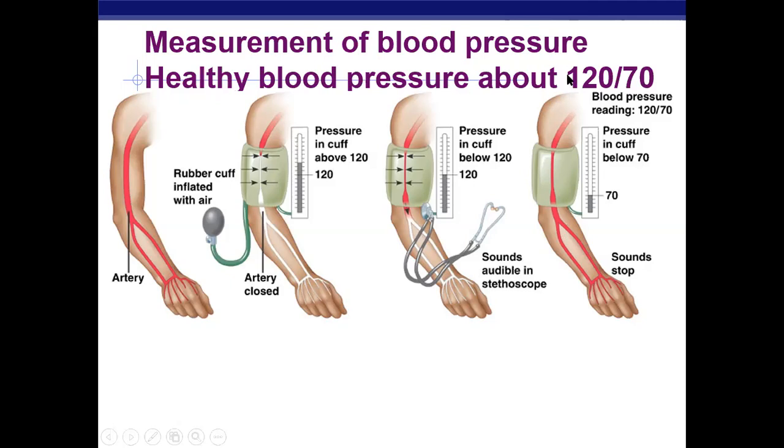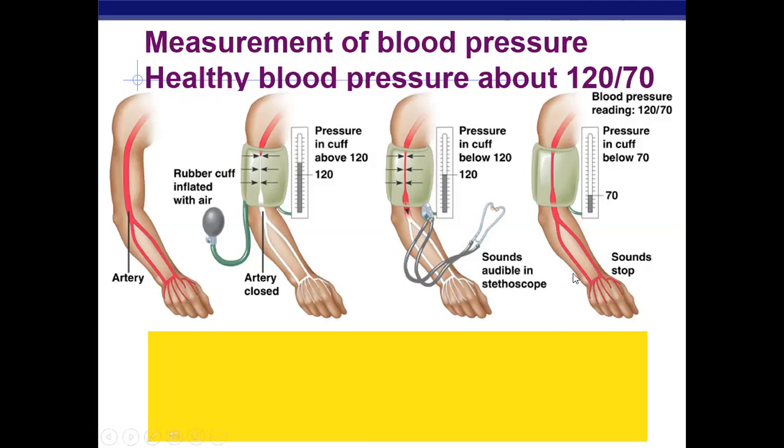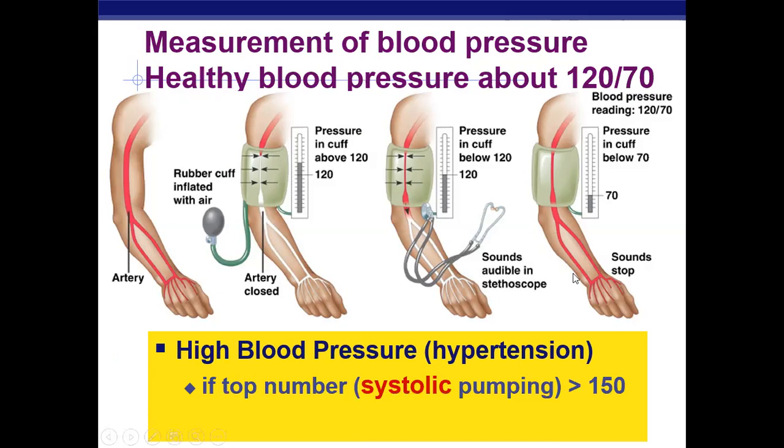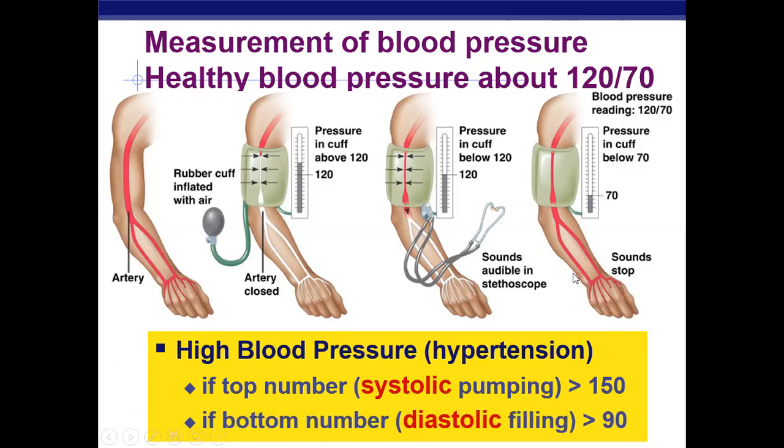The systemic circuit is at a higher pressure. That's why the pressure is higher, right? Makes sense?